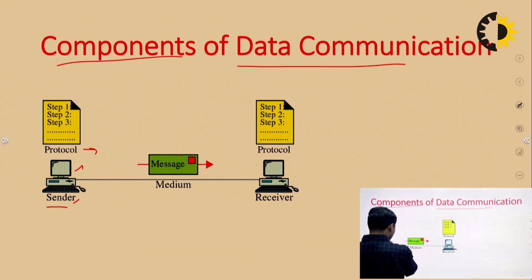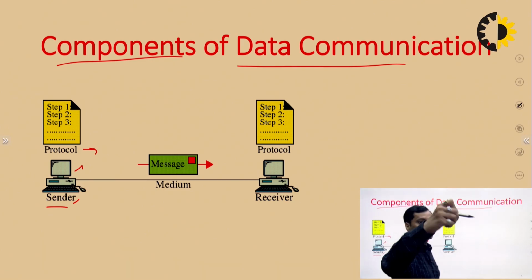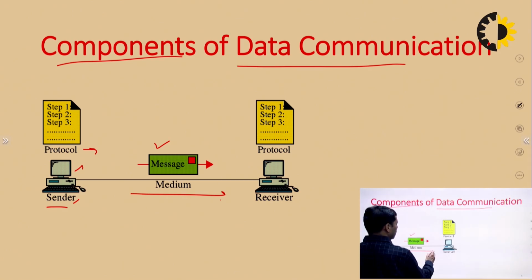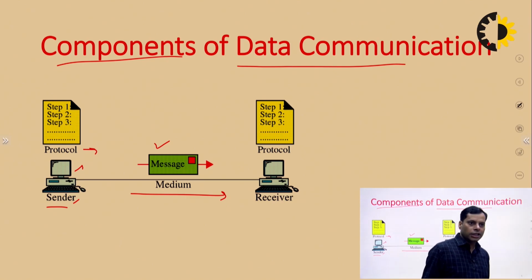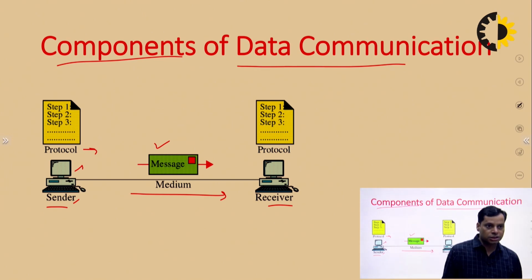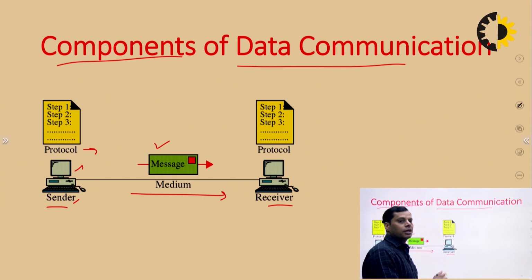Then the medium by which the data, the actual information content, also named the message, should be transferred. The medium may be wired or wireless, anything is possible, and then it should be received by another entity, that is a receiver, maybe some station or system. So these are the basic components.